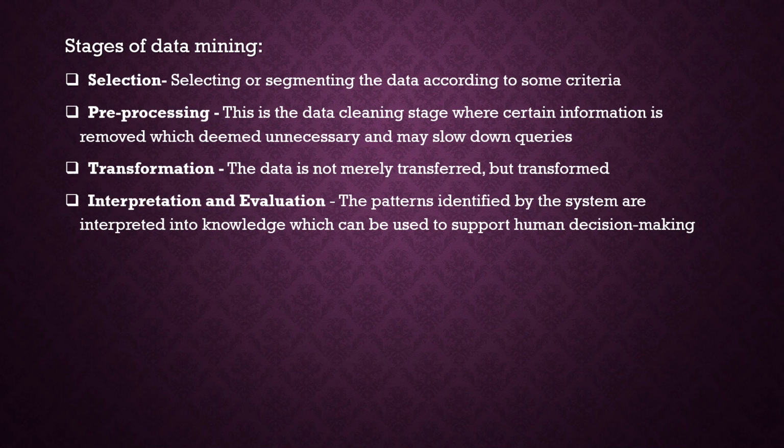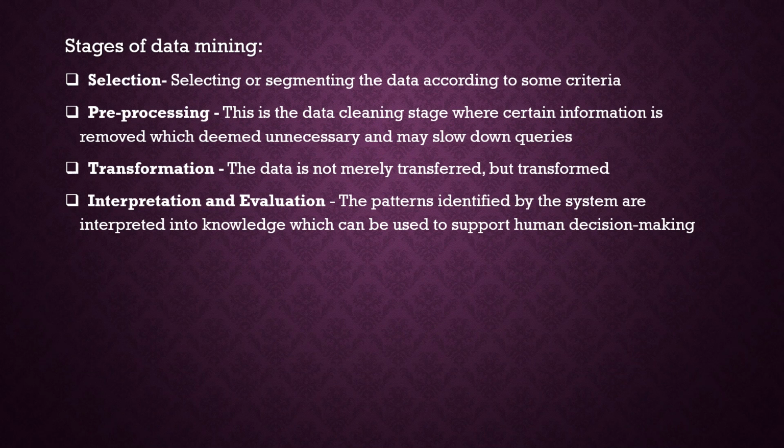So far we know that data mining means picking some data or information from the set of raw data, or we can say the data warehouse. So selection means selecting or segmenting the data according to some criteria.